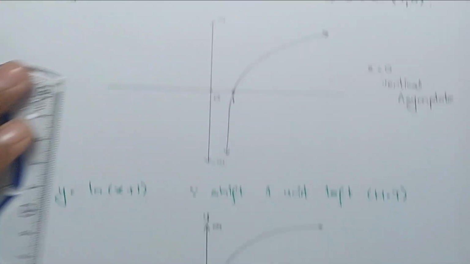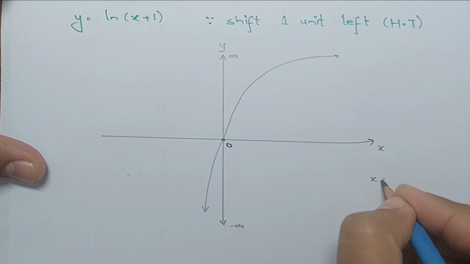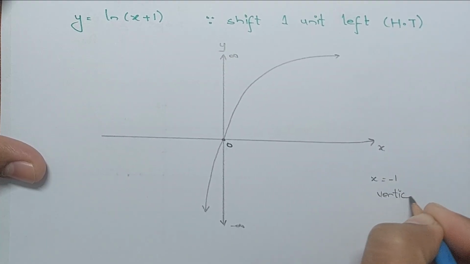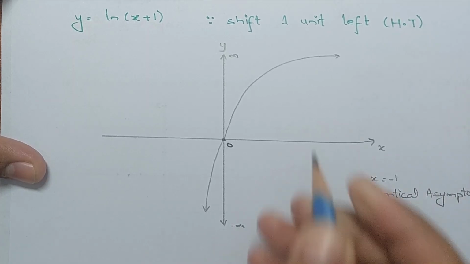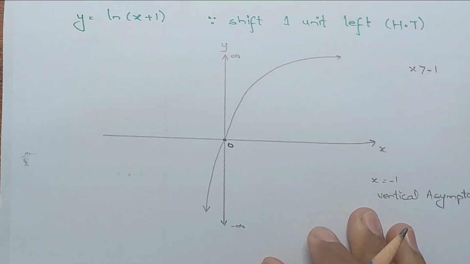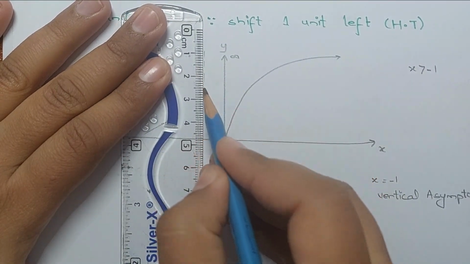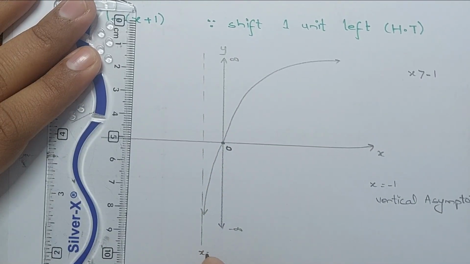Now for this function, x equals negative 1 is the vertical asymptote, because the x values should be greater than negative 1. All the x values are more than negative 1. Let's say this one is the line for negative 1. This is x equals -1, which is your vertical asymptote.